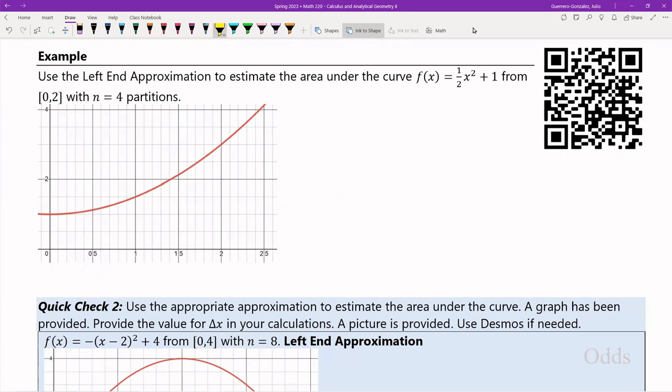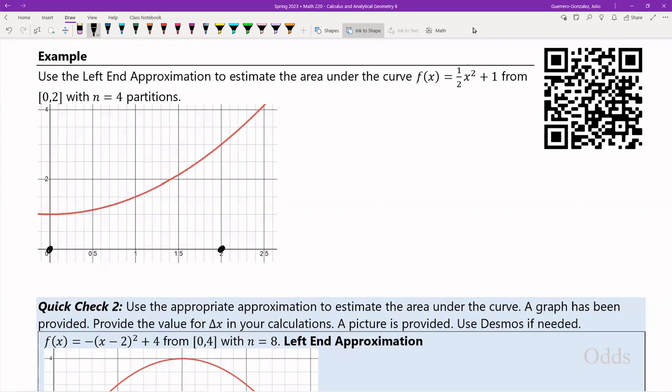So I'm going to use the left end approximations to estimate the area under the curve from that function right there, 1/2 x squared plus 1, from 0 to 2 with n equal 4 partition. So I'm going to have 4 squares, and I'm going to try to estimate the area under the curve from 0 to 2. So from here all the way over to here.